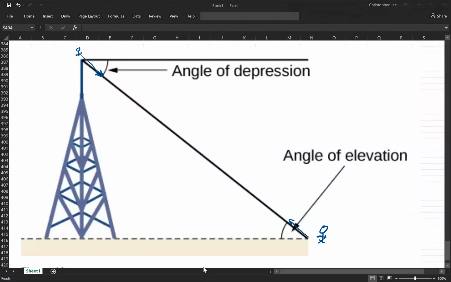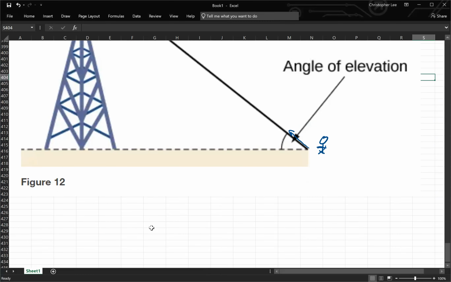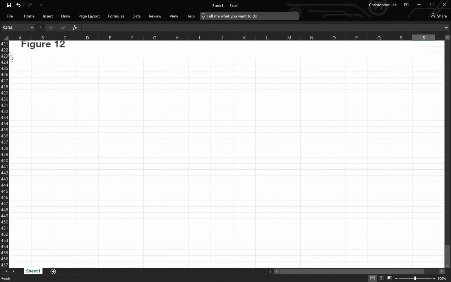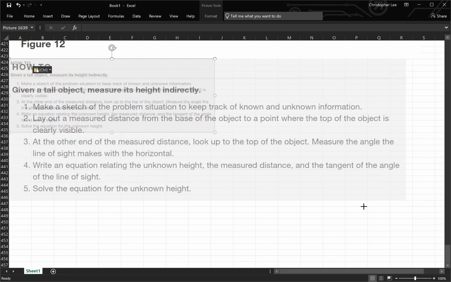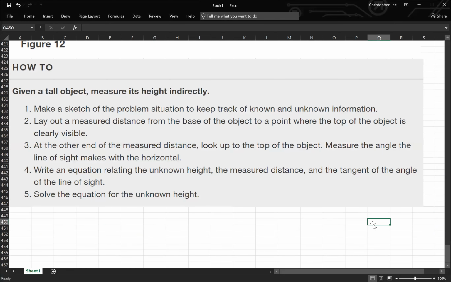But before we jump into an example problem, let me tell y'all how we do this. Here are a few notes. Given a tall object, measure its height indirectly. Make a sketch of the problem situation to keep track of the known and unknown information. Lay out a measured distance from the base of the object to a point where the top of the object is clearly visible.